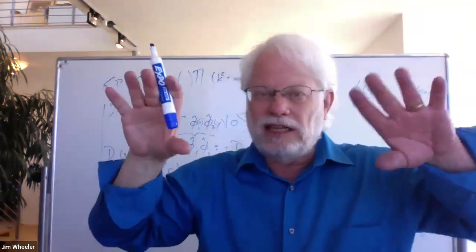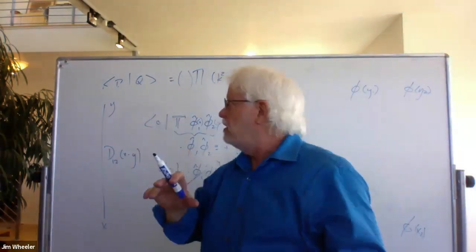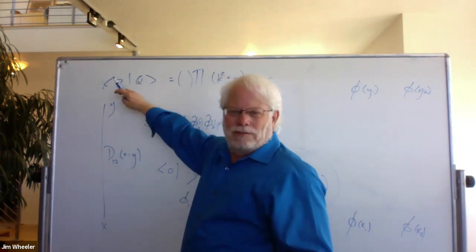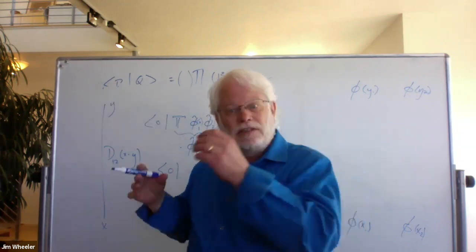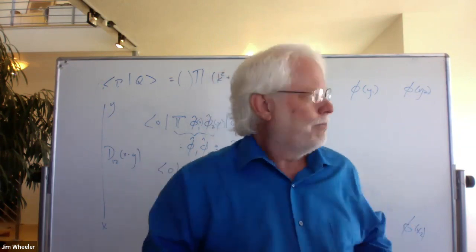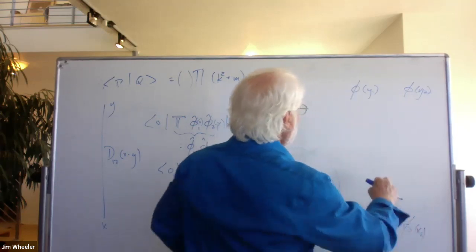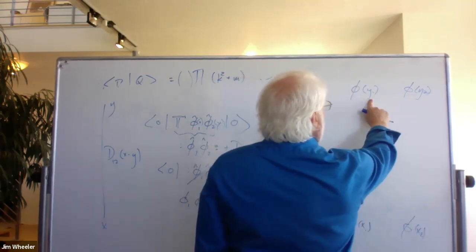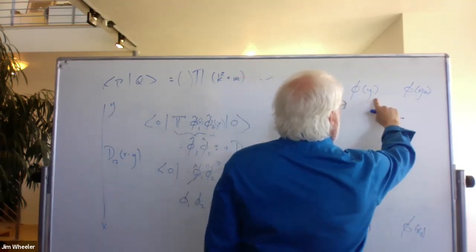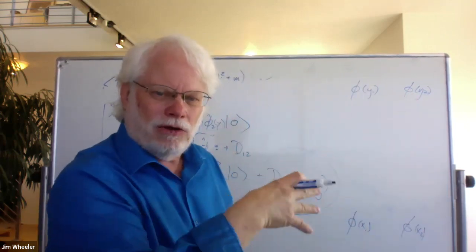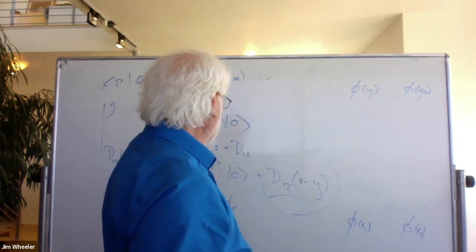Now, this depends on that initial state, right? We started with the expectation value where we had, I think, m particles coming in and n particles going out. So suppose it's 2 and 2. Then what we have is, I'm using the y's here to denote the outgoing particles, the x's to denote the ingoing particles.